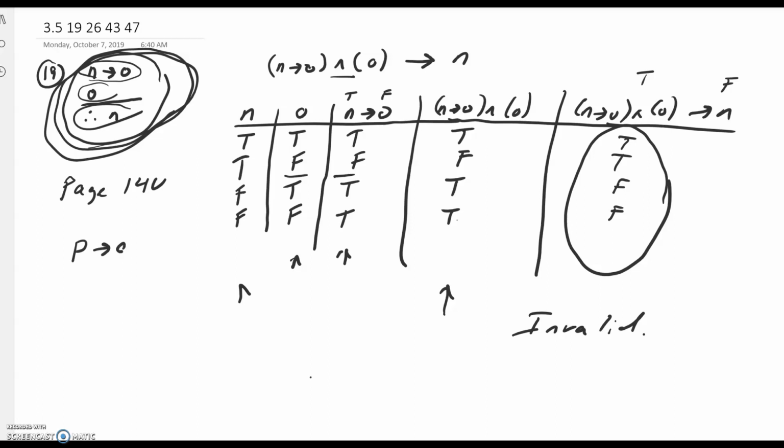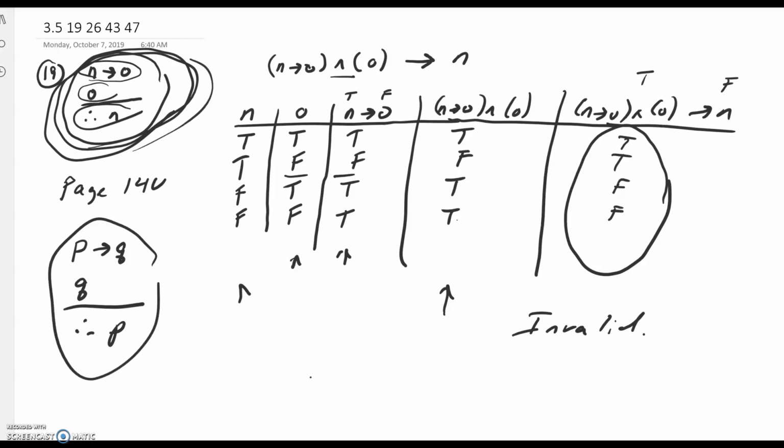Fallacy of the converse using P's and Q's looks like this. And can you see that this and this are exactly the same, just slightly different letters, but the same types of letters in the same place? It's the same argument. So it's an invalid argument because of the chart on page 140.